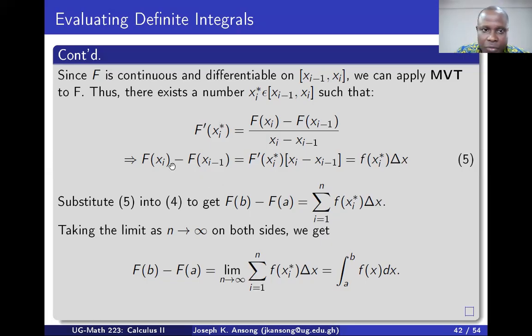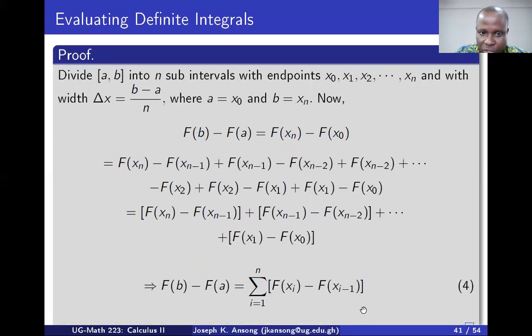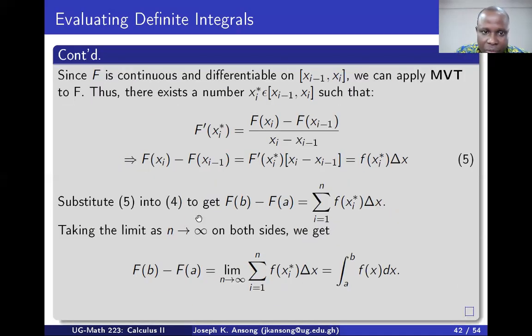If you go back to the previous equation, what we've determined now is this, so we can put it back here. We substitute equation 5 into equation 4, and we get that this is equal to the sum of f of xi star delta x.